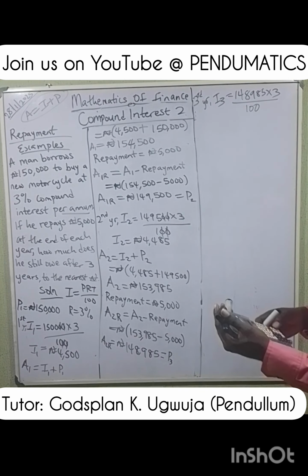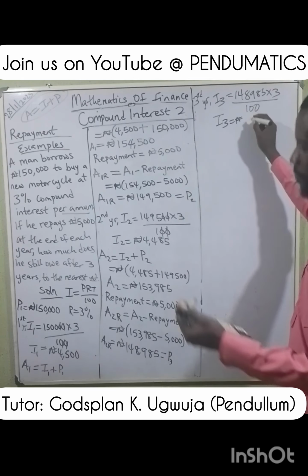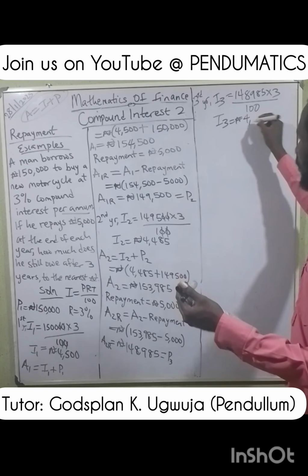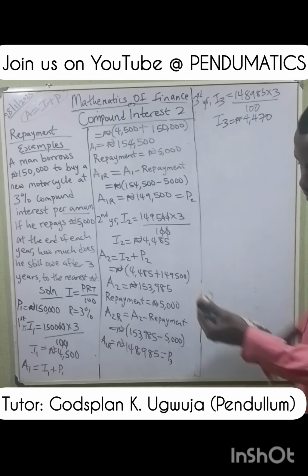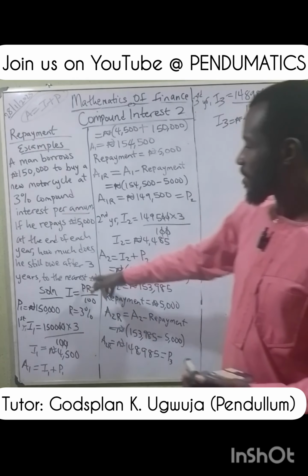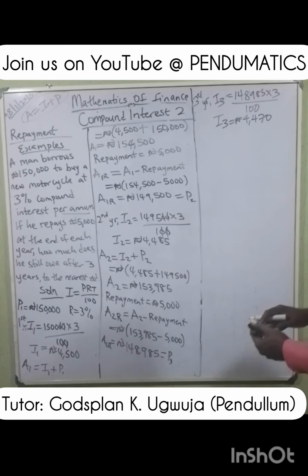So let's just multiply and divide by 100, so that we'll get that I3 is 4,470 naira. Remember, they say to the nearest naira, so I'm approximating everything to the nearest whole number.